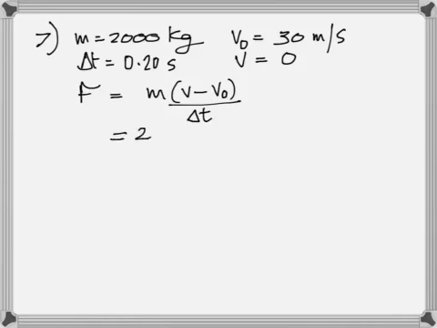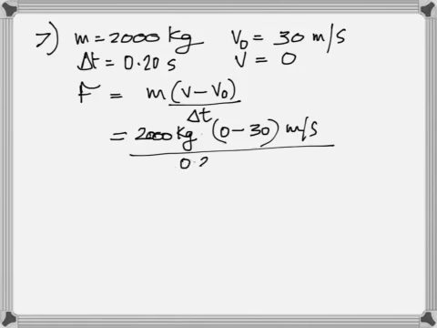Plug the numbers in to get 2000 kilogram. Take away 0 minus 30 divided by 0.20. I've just put in the units for each quantity, and that gives you negative 300,000 Newton.